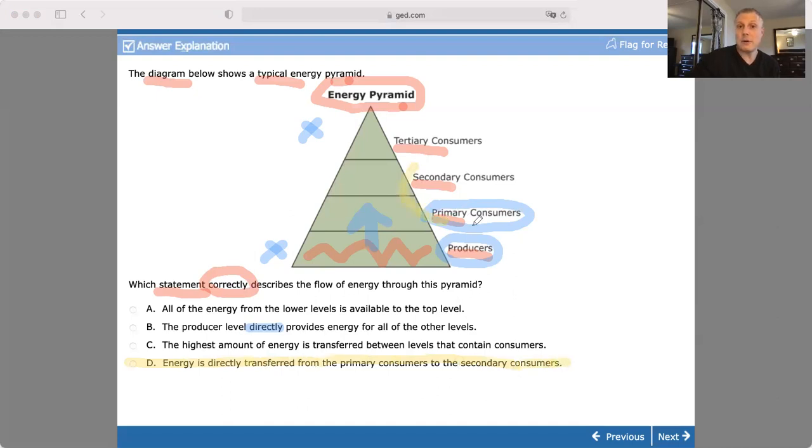We have primary right here and we have secondary right here. So these two are definitely directly connected to one another. We have secondary up here, we have primary up here. So definitely directly transfer, directly connected, right?